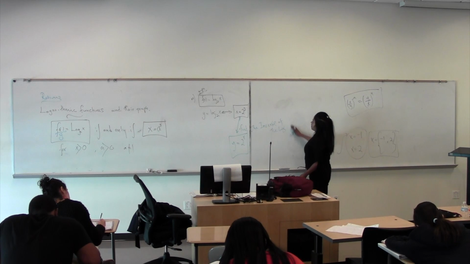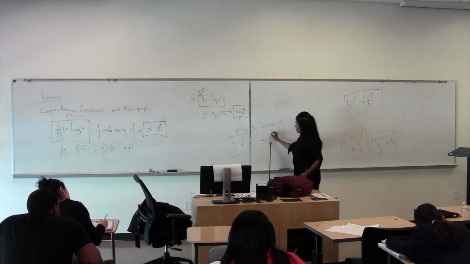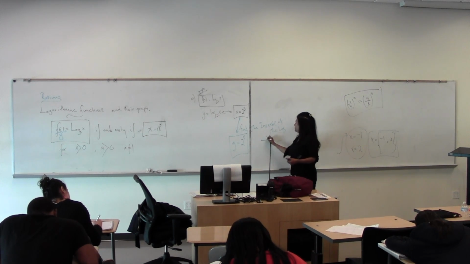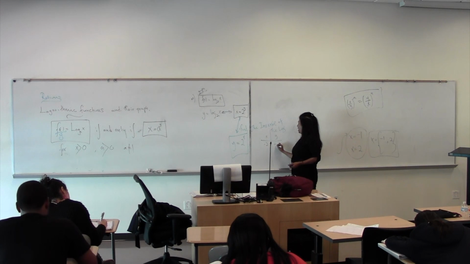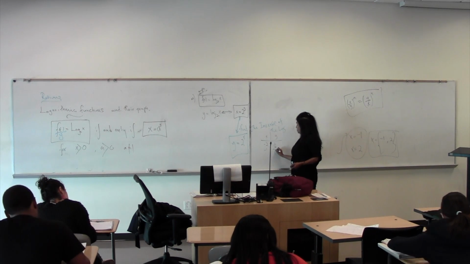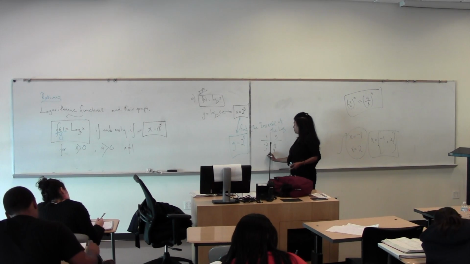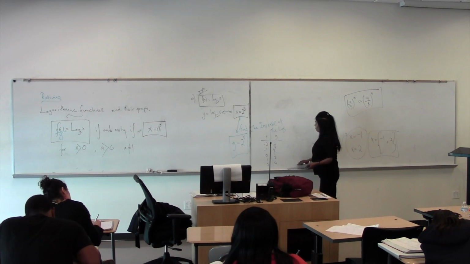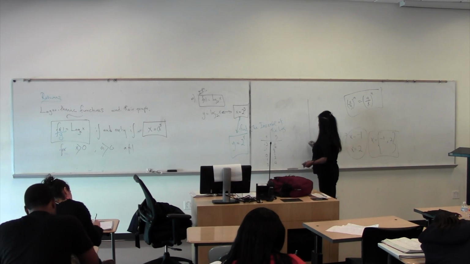We know how to graph this. What are the points? This is x, this is y. I know the points are negative 2 and 1/4, negative 1 and 1/2, 0 and 1, 1 and 2, 2 and 4. So we know this, but this is the inverse function.